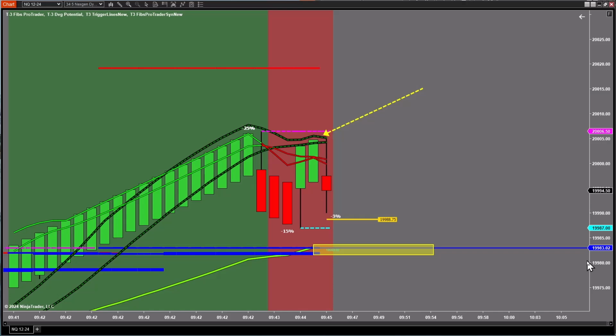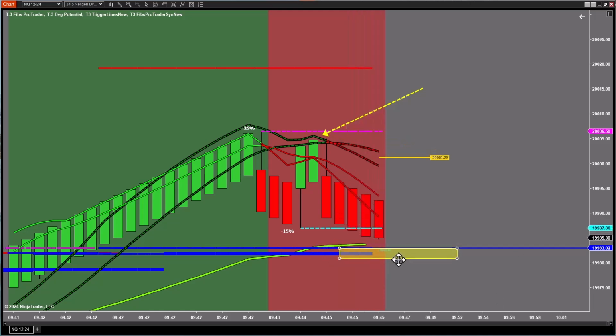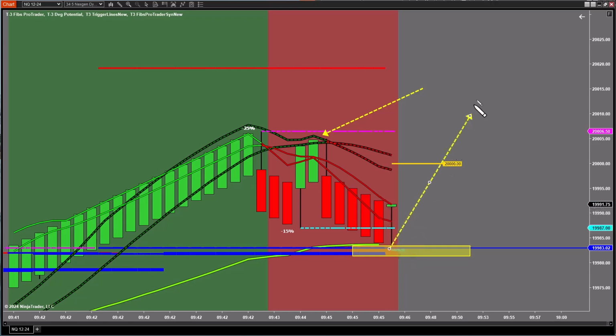My triggers are so far above that Fibonacci support, it makes it about an 80% chance of something over here holding and then taking us to the upside. So there's your support. And now if the market does what it normally does, it's going to take the hell off and run all the way up to resistance. We'll see. Time will tell.